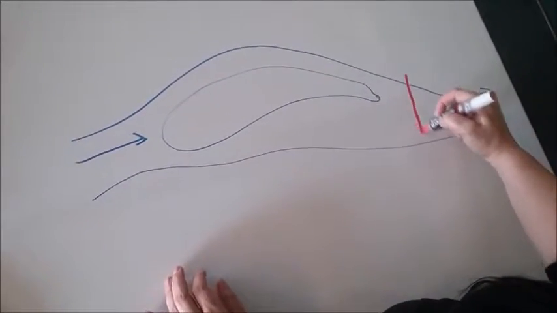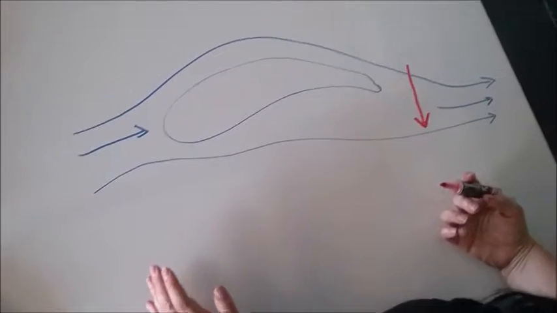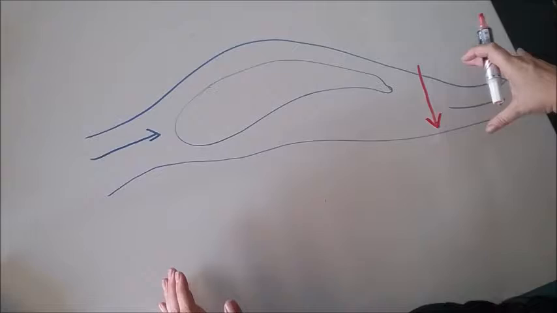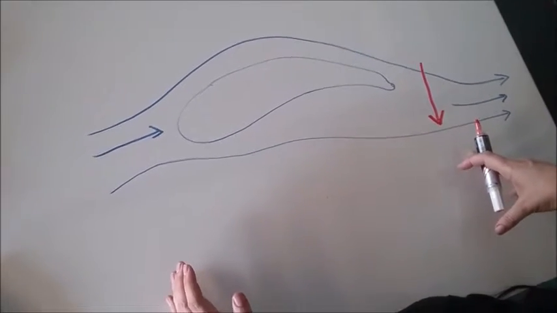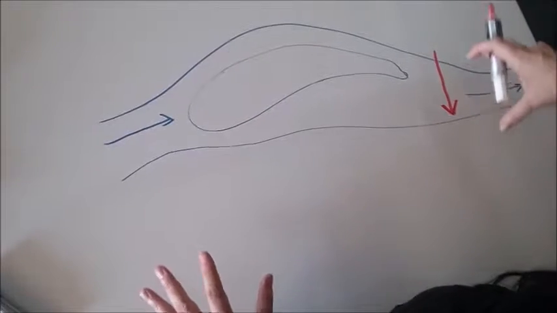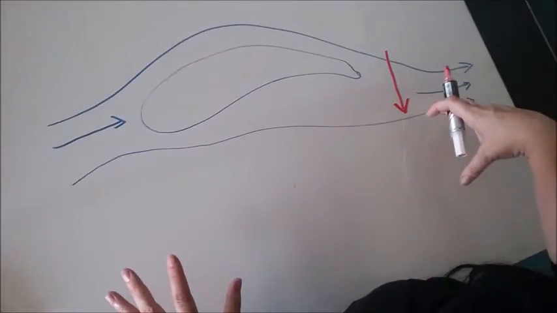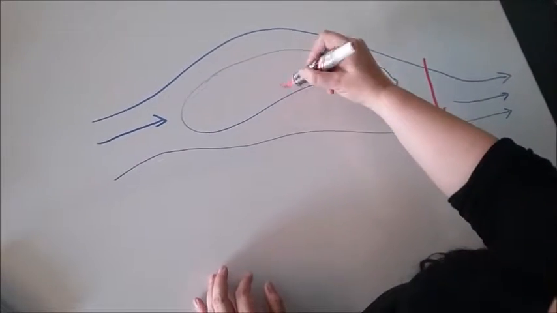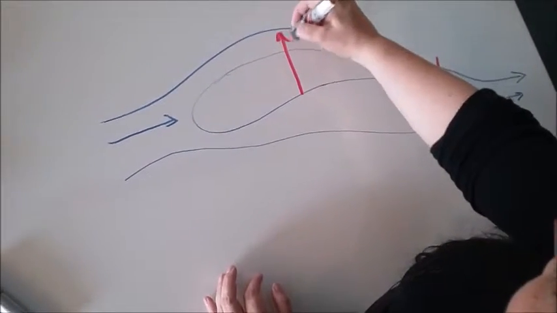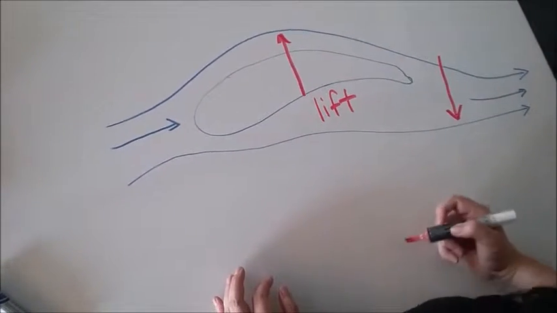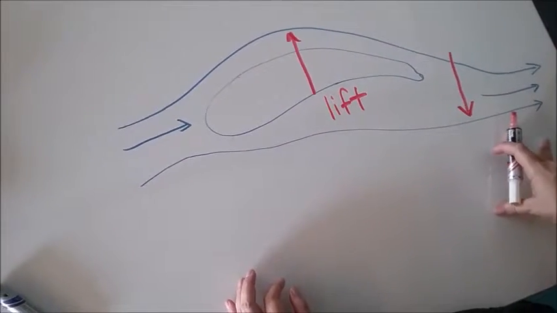So we know that the only way things change their direction is if a force acts on them. So something has forced the air to move down. Now, according to Newton's third law, if something has changed something's direction, there must be an opposite force acting on the thing that did it. And so our wing experiences a lift in the opposite direction to the movement of the air.